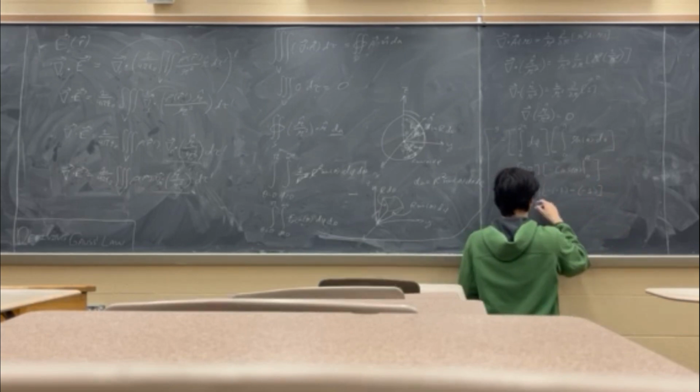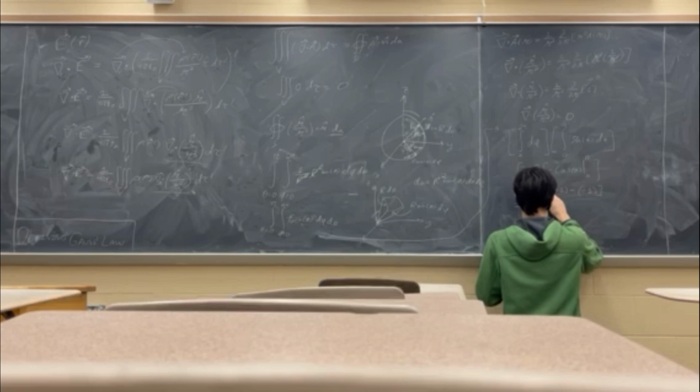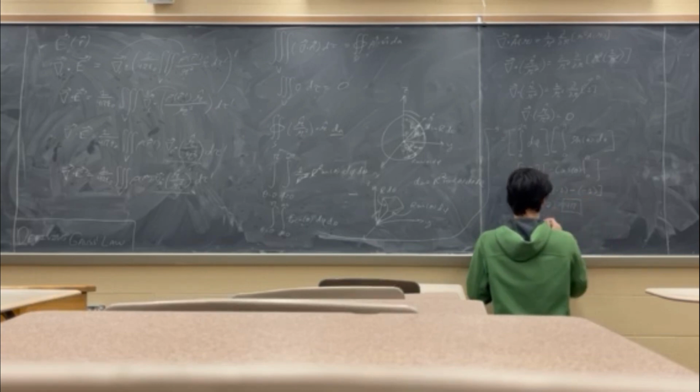And this is equal to 2 pi times, this is going to be 1, this is going to be 1, 1 plus 1 is 2, which is equal to 4 pi.